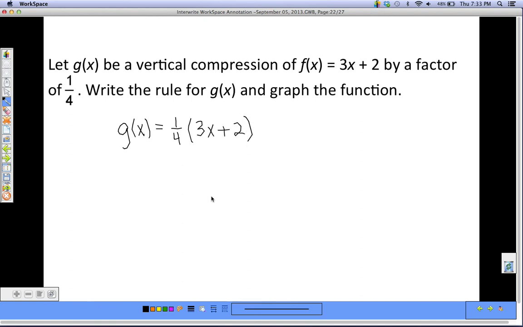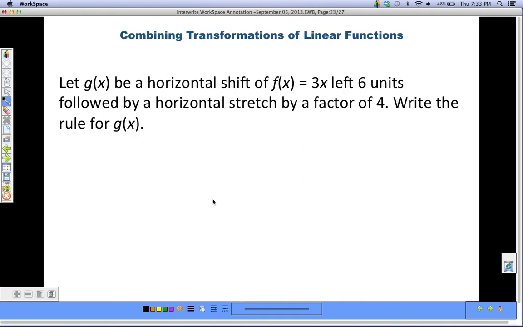And you don't even have to distribute it. Now, to this point, we've looked at only doing one change, but you can also combine them. So we want to change f of x equals 3x. We want to make it go left 6 units, followed by a horizontal stretch by a factor of 4.